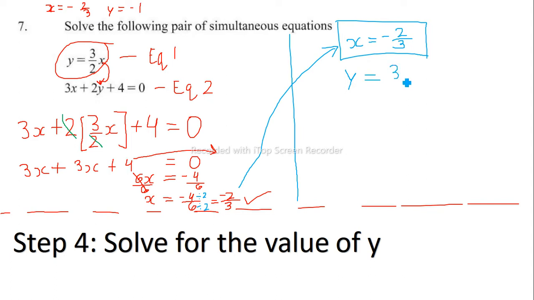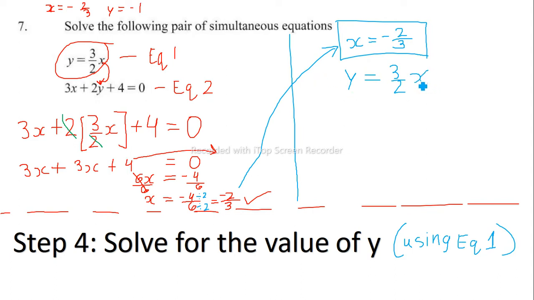3 over 2x. I must say, using equation 1. And so y is equal to 3 over 2 x.